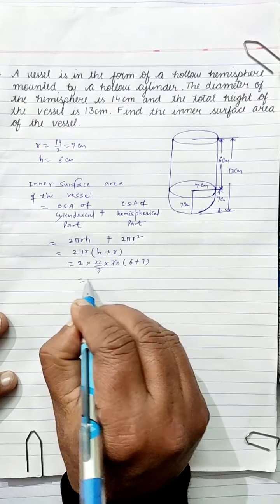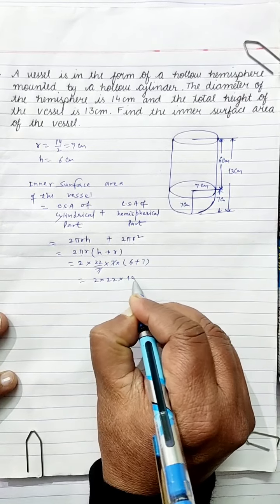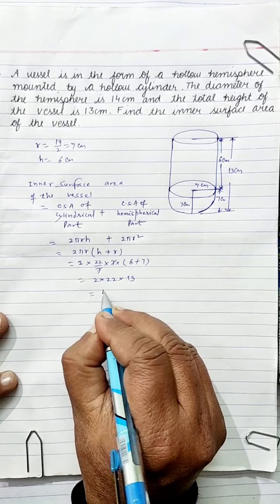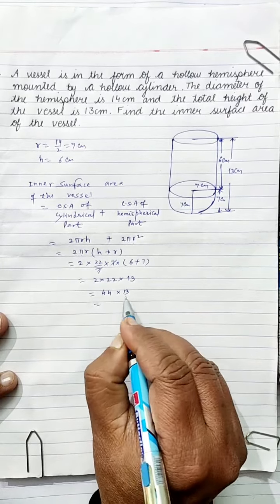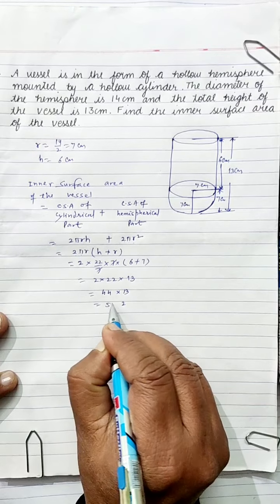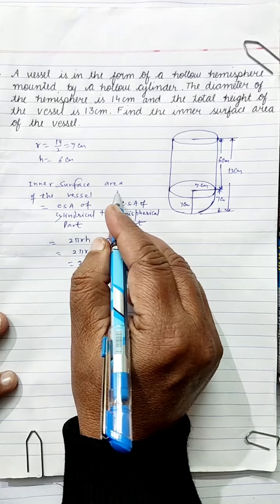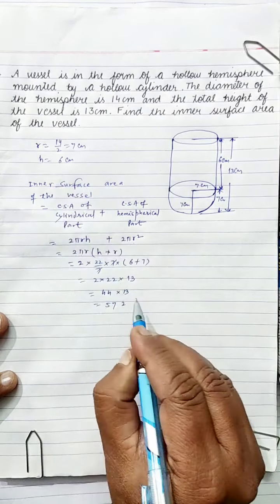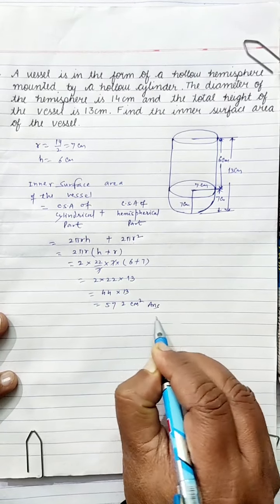This 7 and 7 cancelled. 2 into 22 is 44, into 13, that is 572. Area, surface area, is in square unit. We have the units centimeter and centimeter, so the area will come in centimeter square.